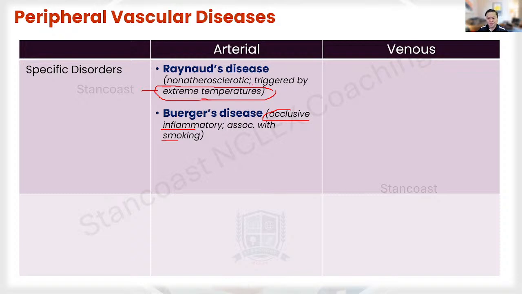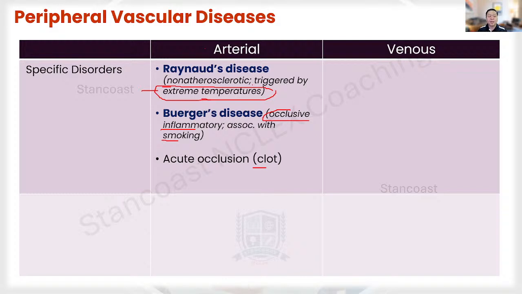Now, under the arterial disorders, we're also going to talk about acute occlusion that may occur, and of course, this is caused by a clot. And guys, don't get confused, we're still talking about the arterial peripheral disorders. The clots can impair the circulation by blocking the arteries.